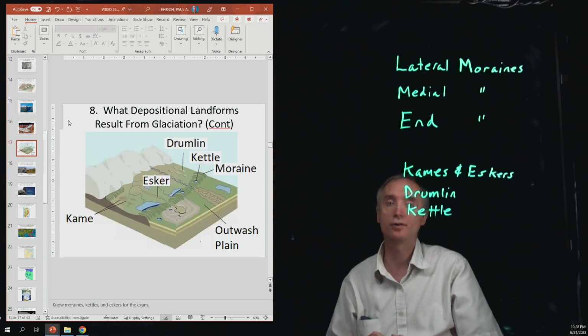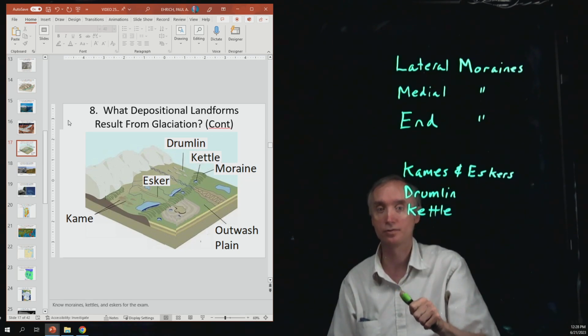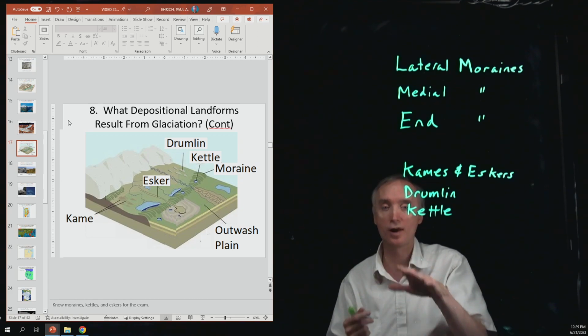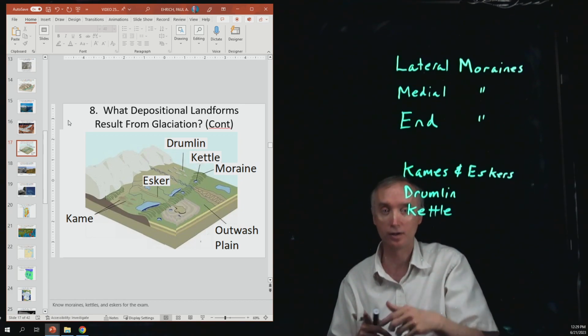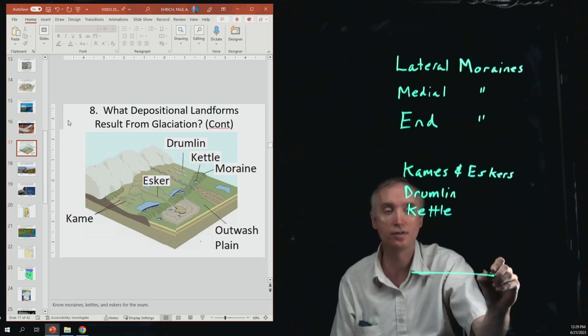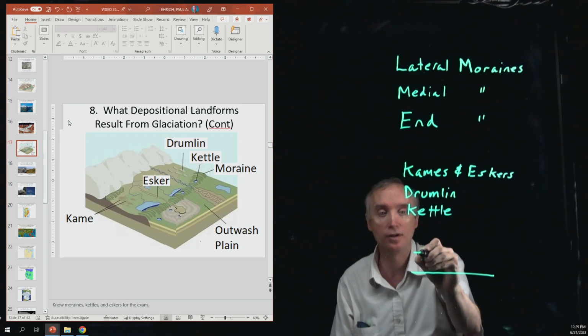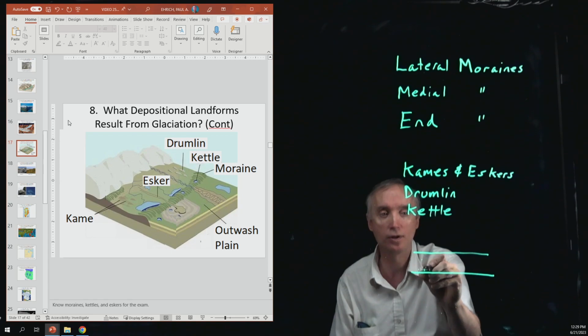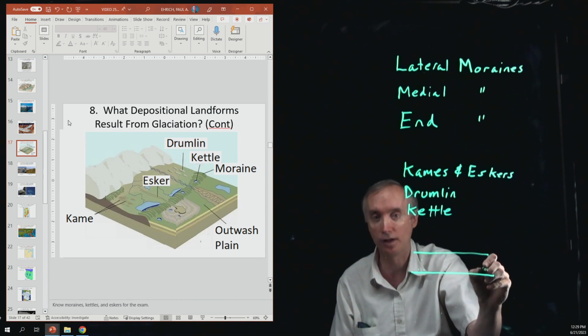Okay, some other kinds of depositional landforms that can result are kames and eskers. So imagine that the ground is covered by a glacier. So here's a side view. Here's the surface of the earth. Here is the top of the glacier, and now what we're interested in is what's going on down here at the bottom of the glacier.